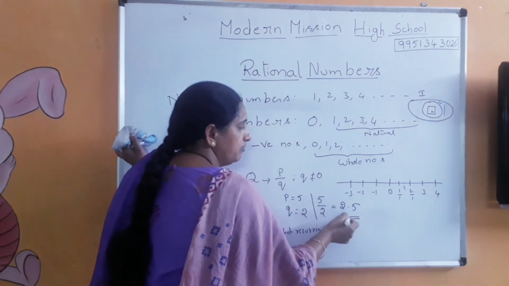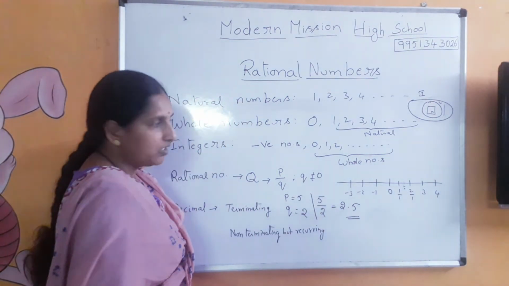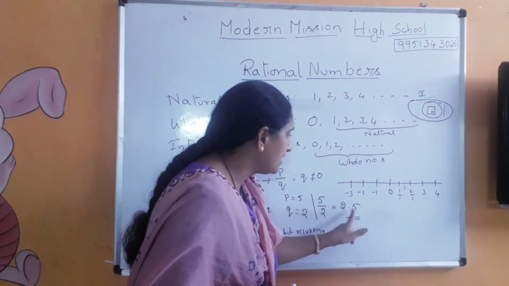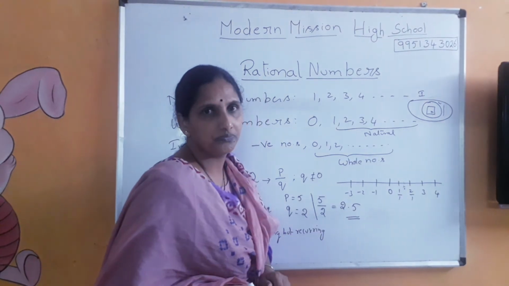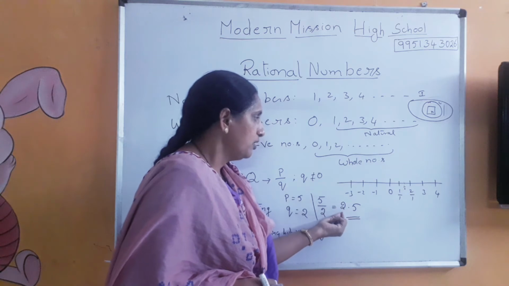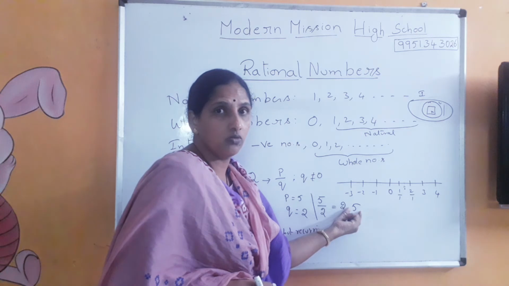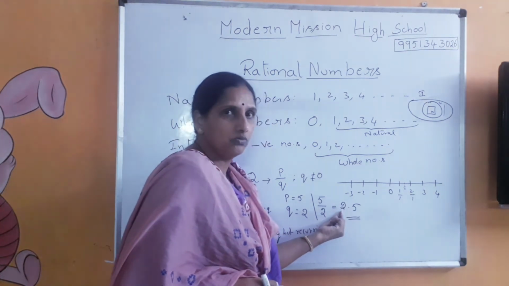So you got 5 by 2 is equal to 2.5. That means it is greater than 2, that you can understand, but not 3. It is greater than 2 because 2 plus 0.5 more is here.